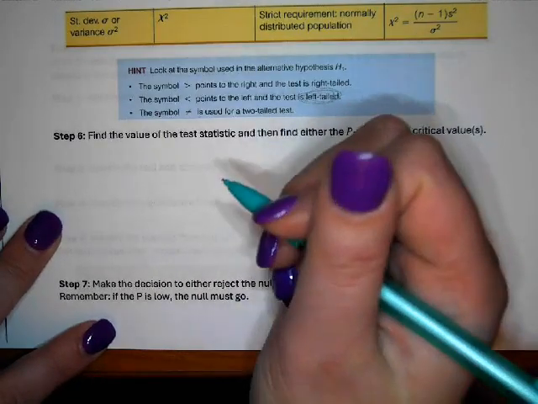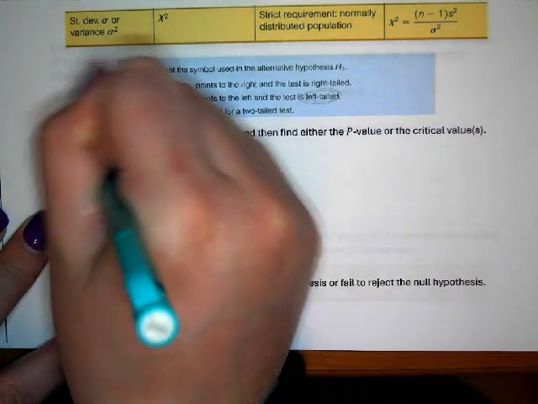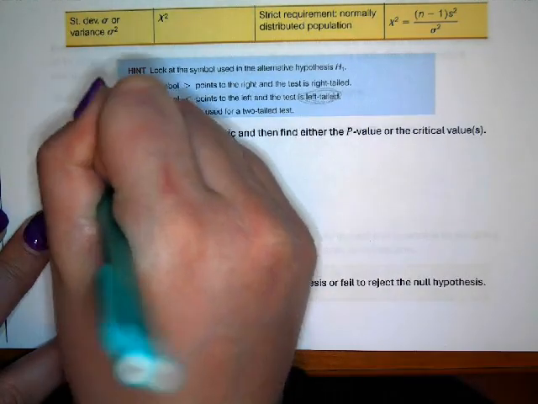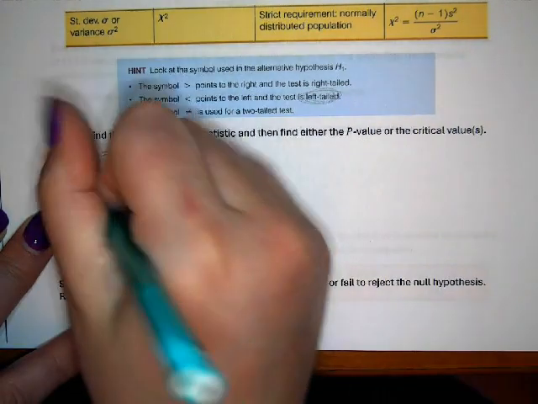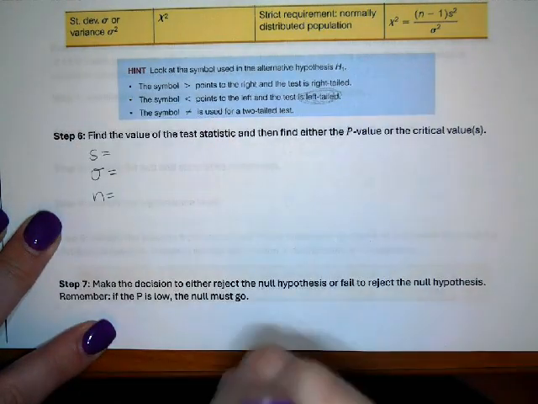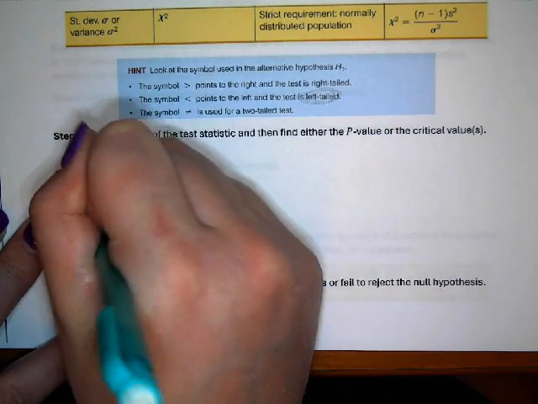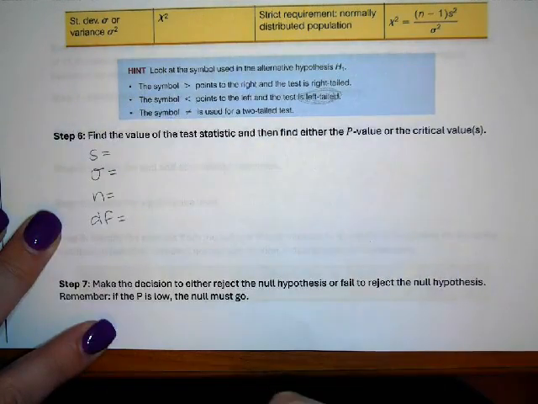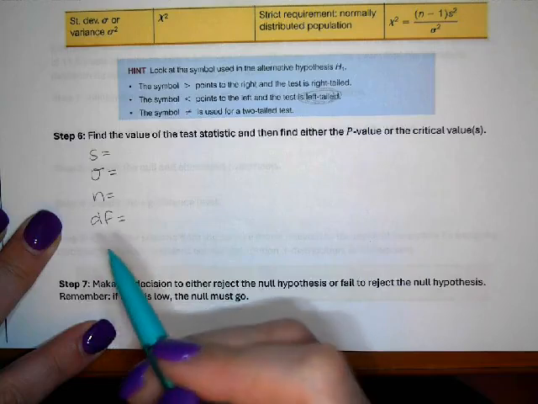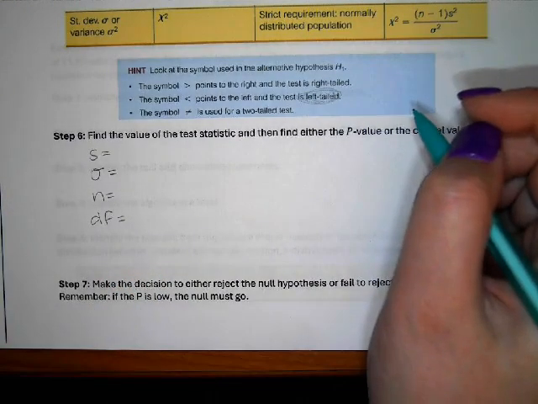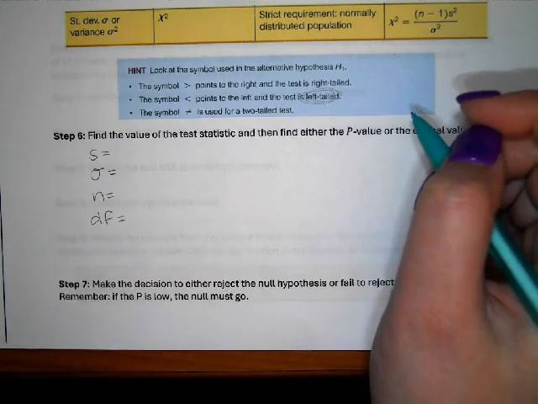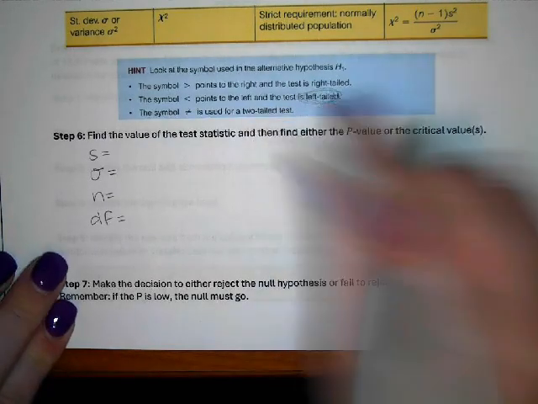We need s, the sample standard deviation, sigma, the population standard deviation, n, and because we're going to use the chi-square, the degree of freedom. We are going to be calculating just the left chi-square because this is left-tailed.